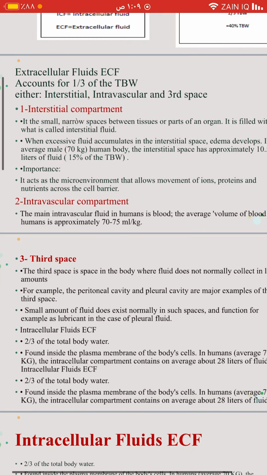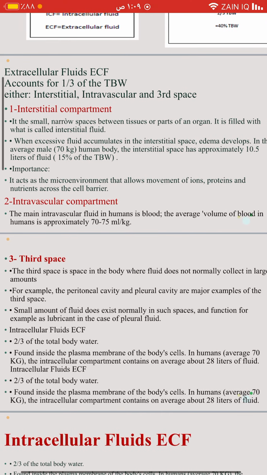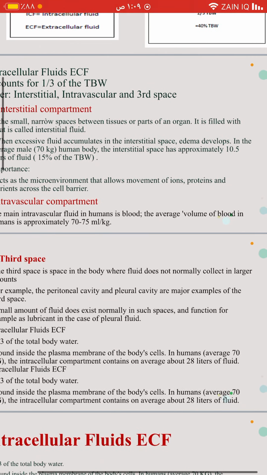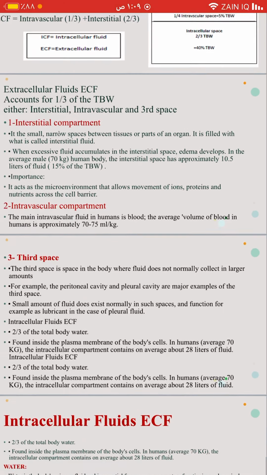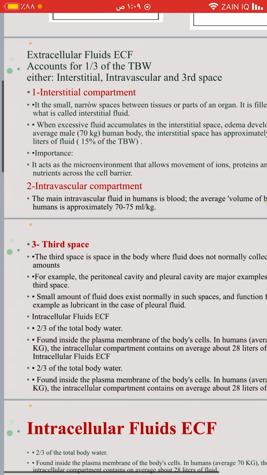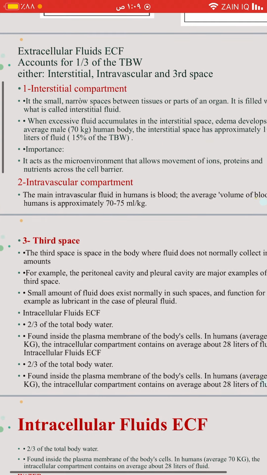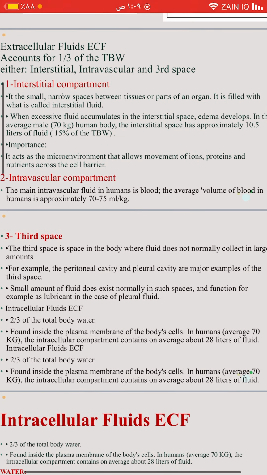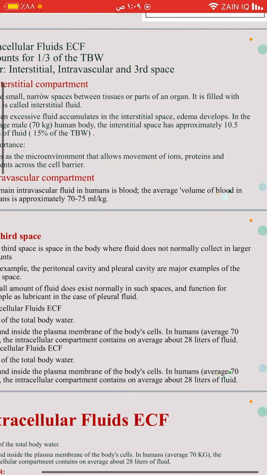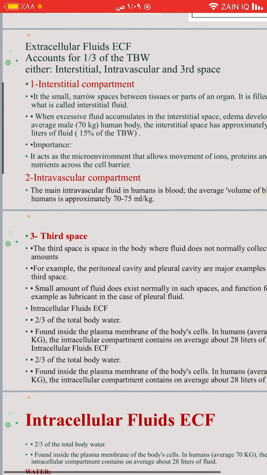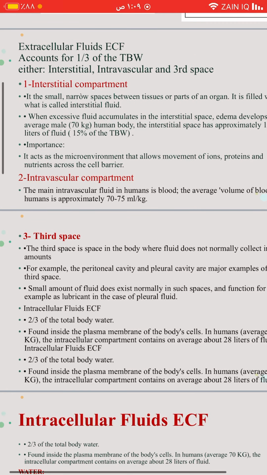For example, the peritoneal cavity and the pleural cavity are major examples of the third space. A small amount of fluid does exist normally in such spaces and functions, for example, as a lubricant in the case of the pleural fluid.